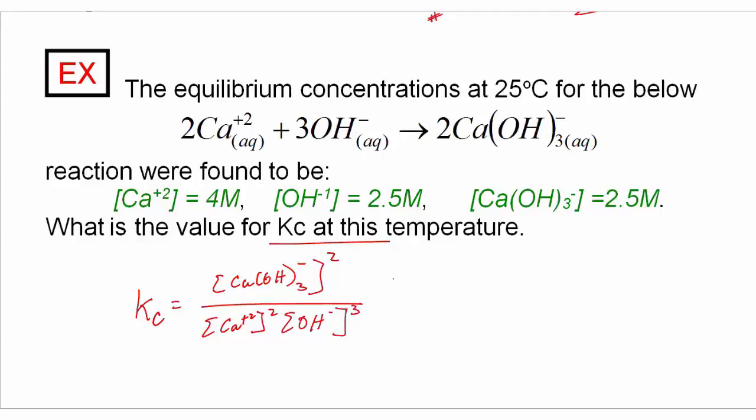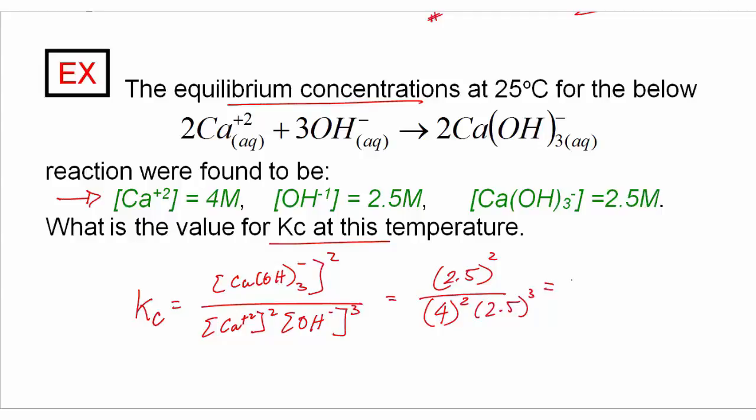So if we know these concentrations, we just plug and chug. And sure enough, they told us the concentrations. They're the equilibrium concentrations. We don't need to do ICE. So products over reactants. Calcium hydroxide, 2.5 squared, all over calcium ion, 4 squared, hydroxide cubed, 2.5 cubed.